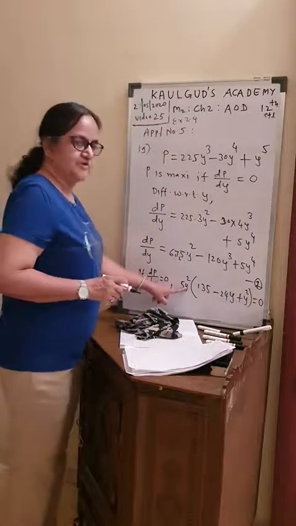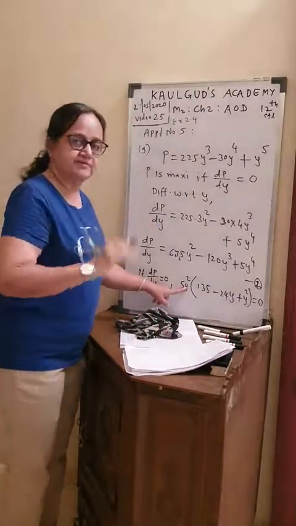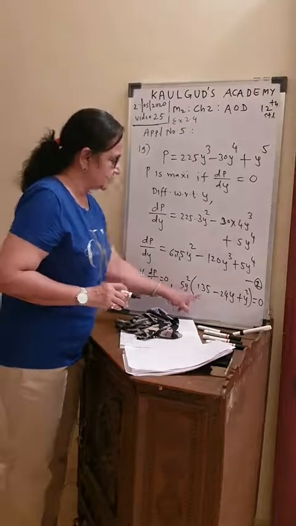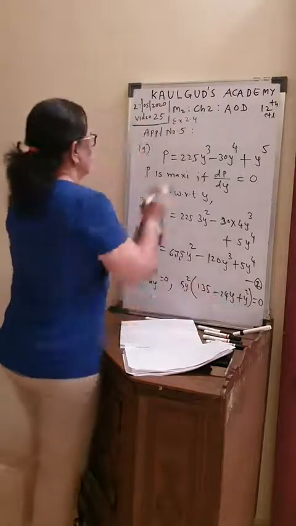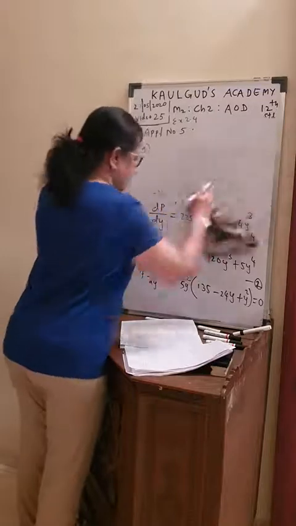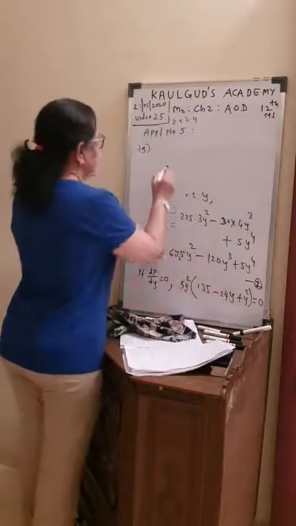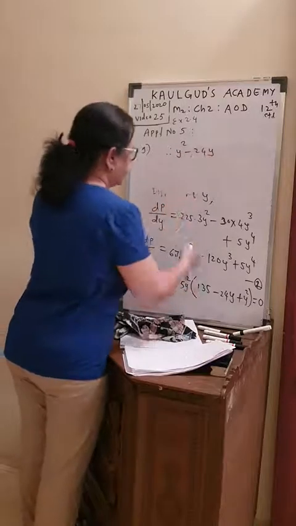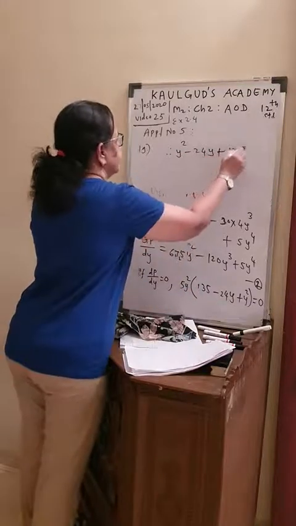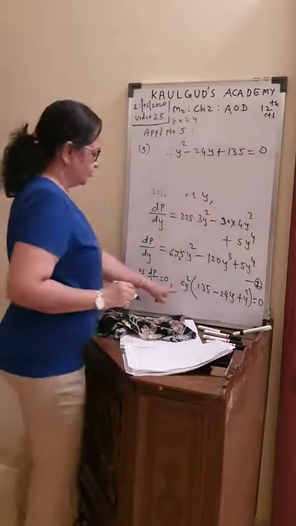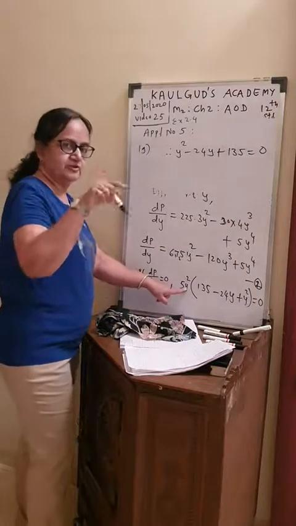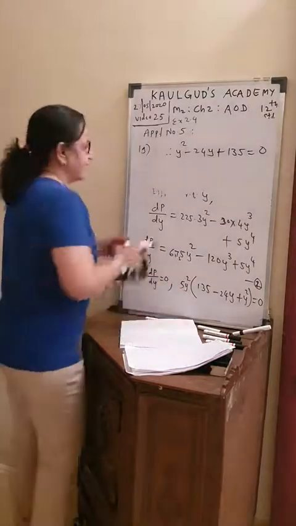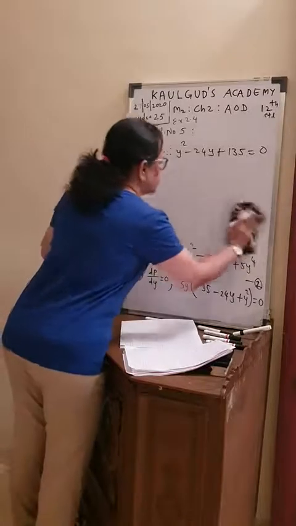Now y cannot be 0 because otherwise that product will become 0. So y can't be 0. So this bracket has to be 0. So I'll copy y square term first: y square minus 24y plus 135. That should be 0. You know, I said y can't be 0 because the original product function only will vanish if y becomes 0.